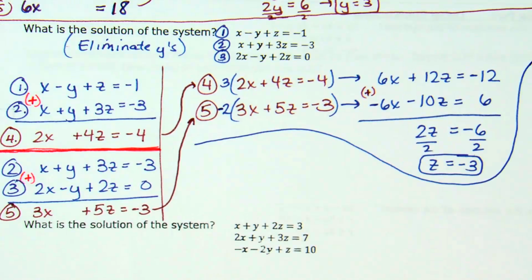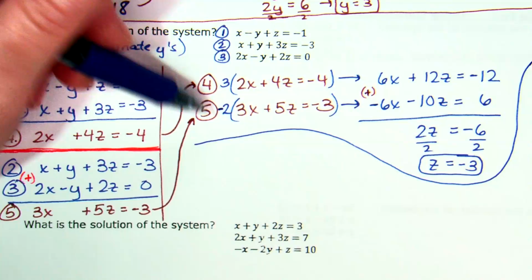I need to find an equation that has z and at most one other variable. So I would use the original 4 or the original 5, whichever one makes you happier. There's not a whole lot of difference between them.